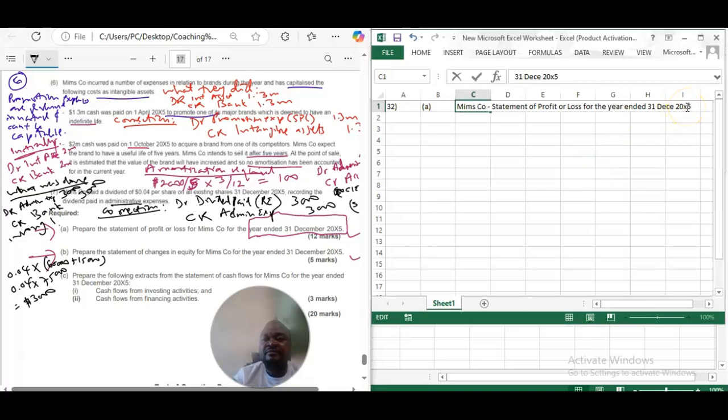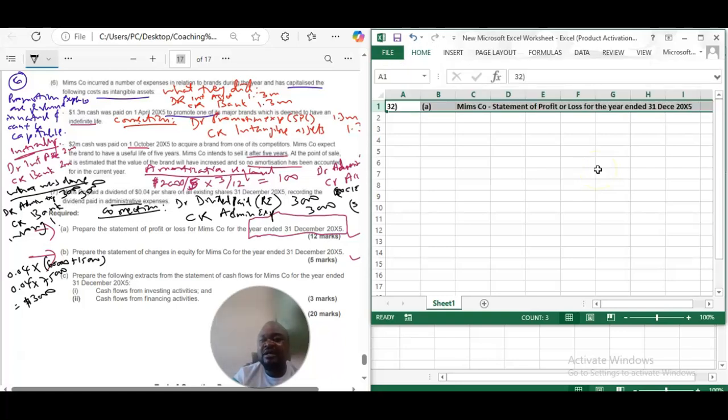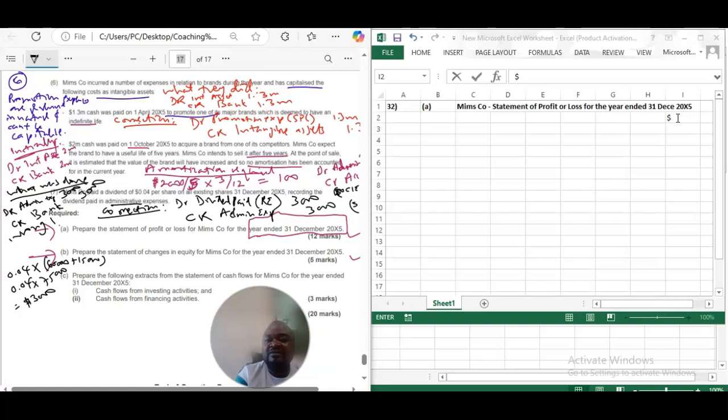Okay. You can bold it as well, if you have the time, but in the examination you're not going to get any marks for any formatting. So it's good practice to do so, right? Then after that, you come here and indicate to the examiner that these are in thousands.